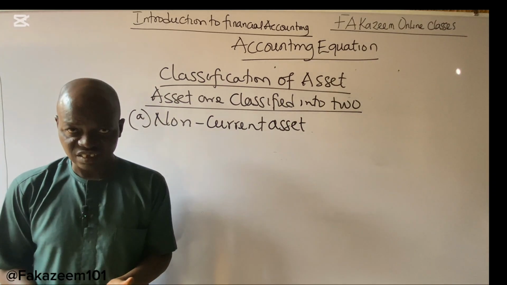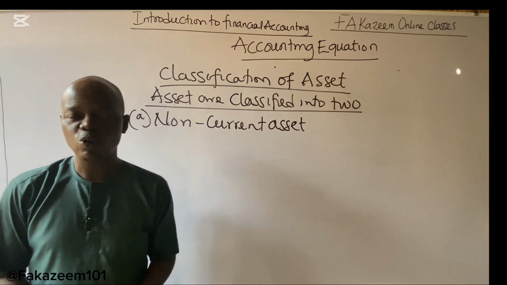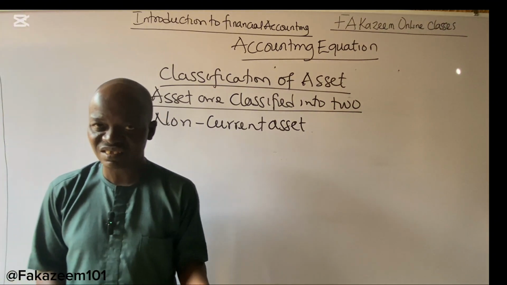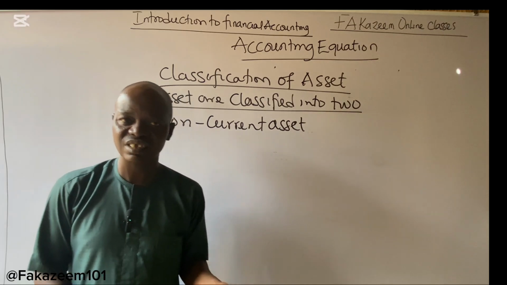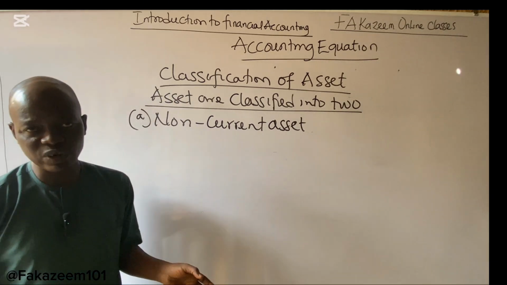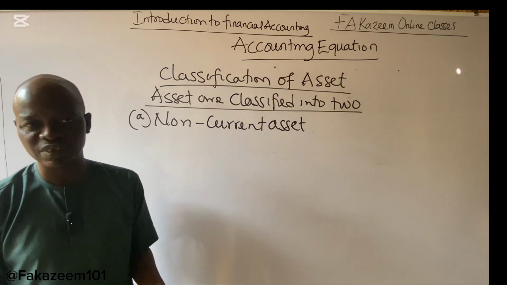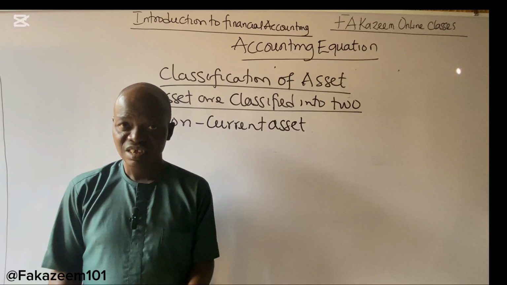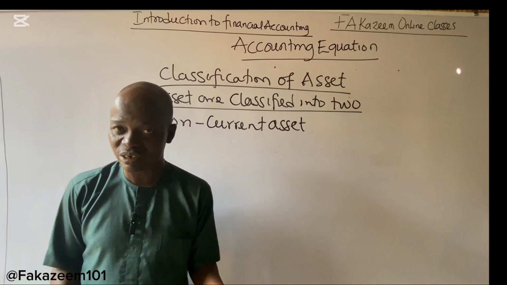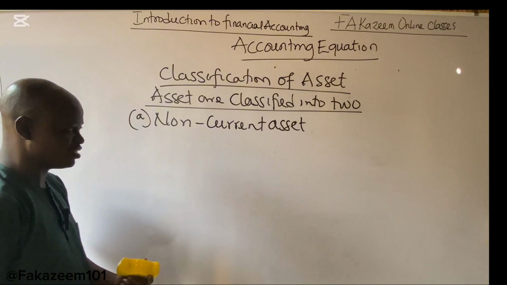This non-current asset is previously called fixed asset, but we no longer call it fixed asset again, in line with International Financial Reporting Standard. In line with this International Financial Reporting Standard that business has adopted in preparing financial statements, the fixed asset is now called non-current asset. What are non-current assets?